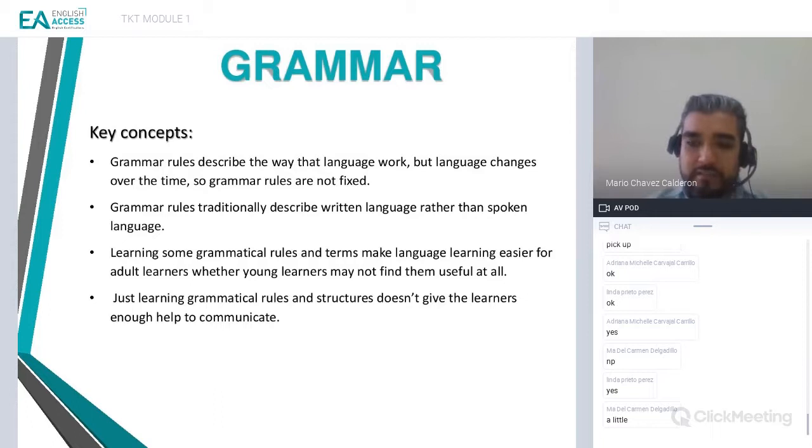They just want to say it. They just want to communicate. Finally, just learning grammatical rules and structure doesn't give learners enough help to communicate.